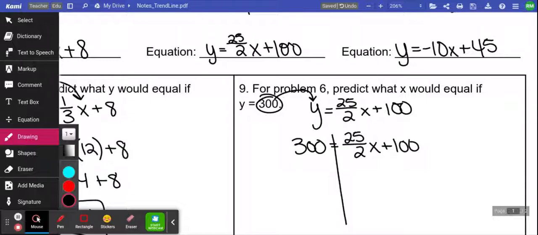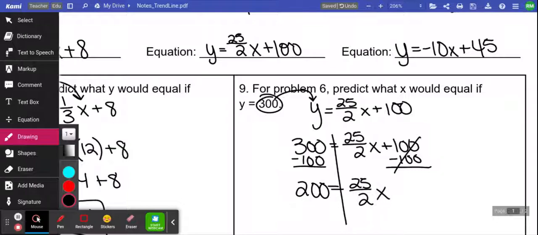So first things first, we leave the variable alone. Let's subtract 100 from both sides. We get 200 equals 25 over 2x. When we have a fraction with a variable, what do we have to multiply by? Reciprocal. Multiply both sides by the reciprocal.